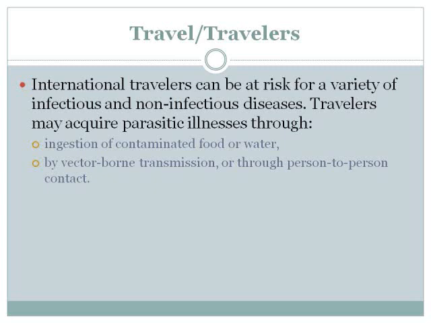You can get it from the local city office or county office, and they have people who are going to advise you if you're going to travel, because there is a danger of parasitic infection, especially from contaminated food and water. And then again, vector-borne transmission through person-to-person contact, and that includes fleas and all those little creatures that can transmit it.